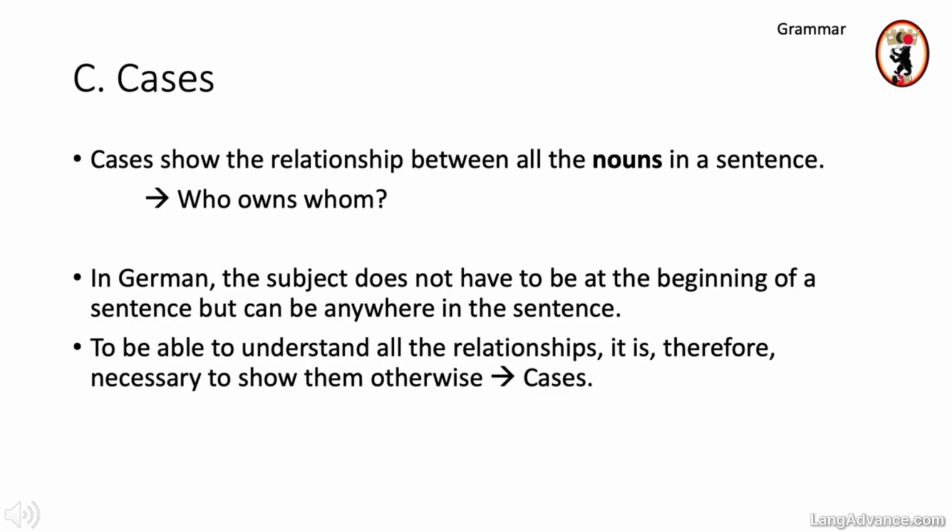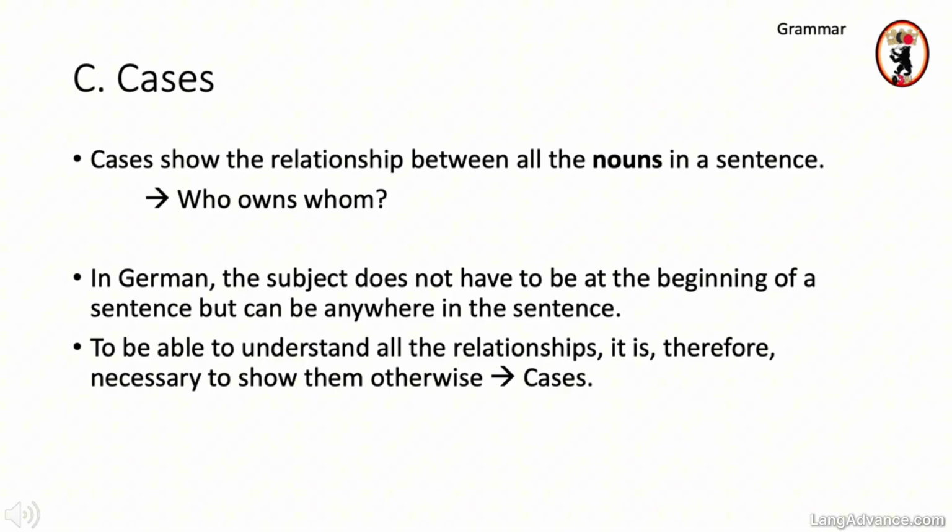English has a very basic rule: the subject comes first, then follows the direct object, then follows the indirect object. What that means is that whatever noun comes first in the sentence has to be the subject.